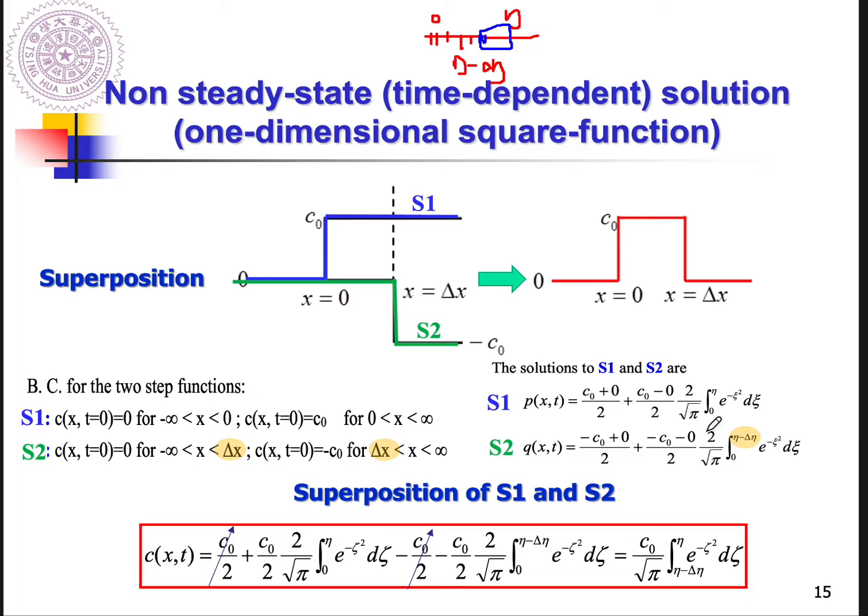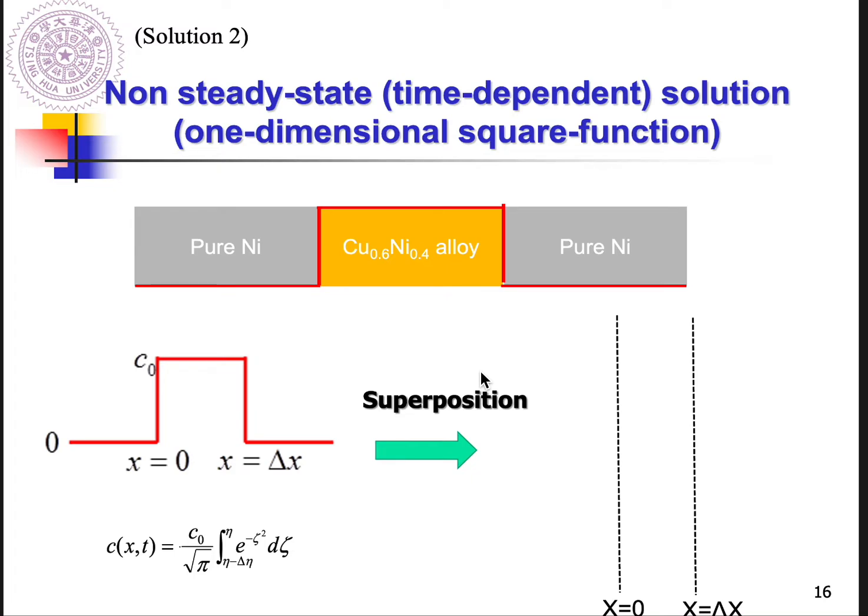Probably some people are concerned or would ask about this, because in the real world we don't have a case with negative concentration. So I provide another solution for this superposition.